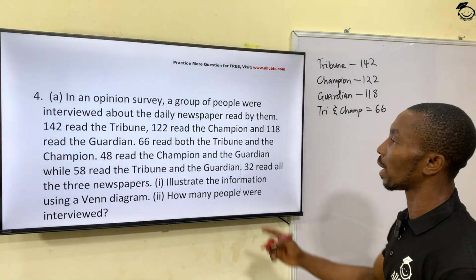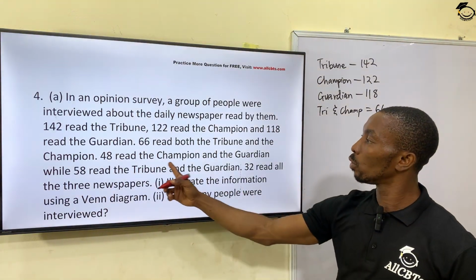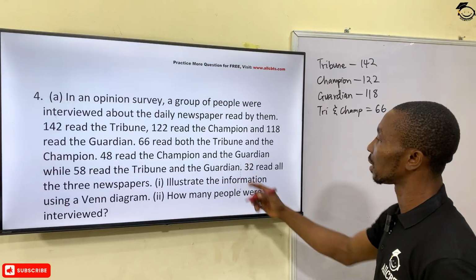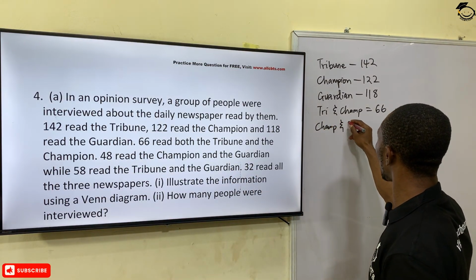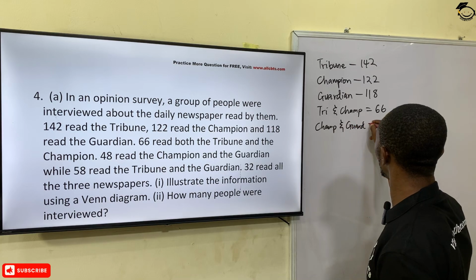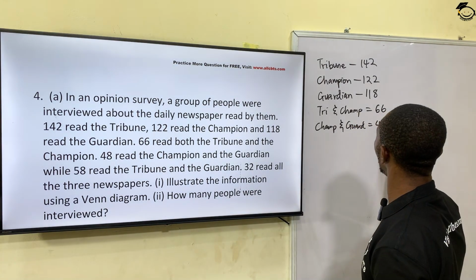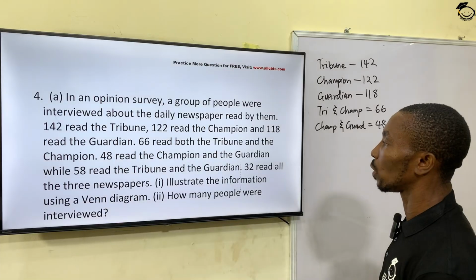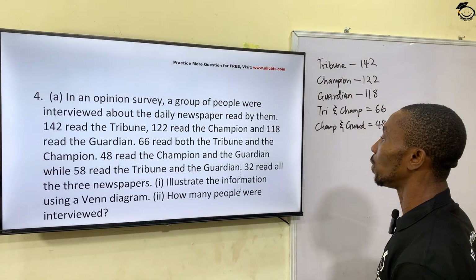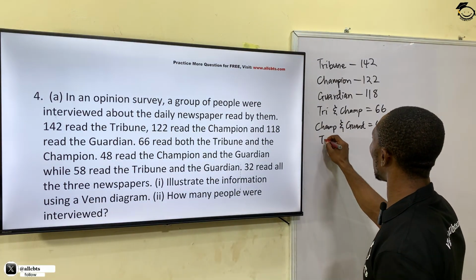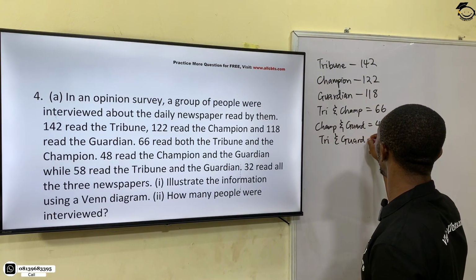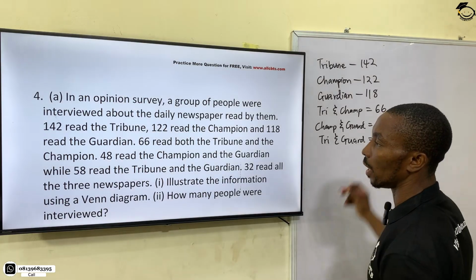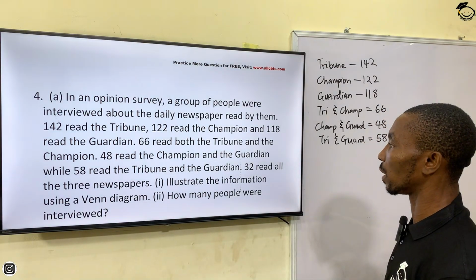And next we have 48 people reading Champion and Guardian. So Champion and Guardian is 48. Now, the next we have 58 people reading Tribune and Guardian.